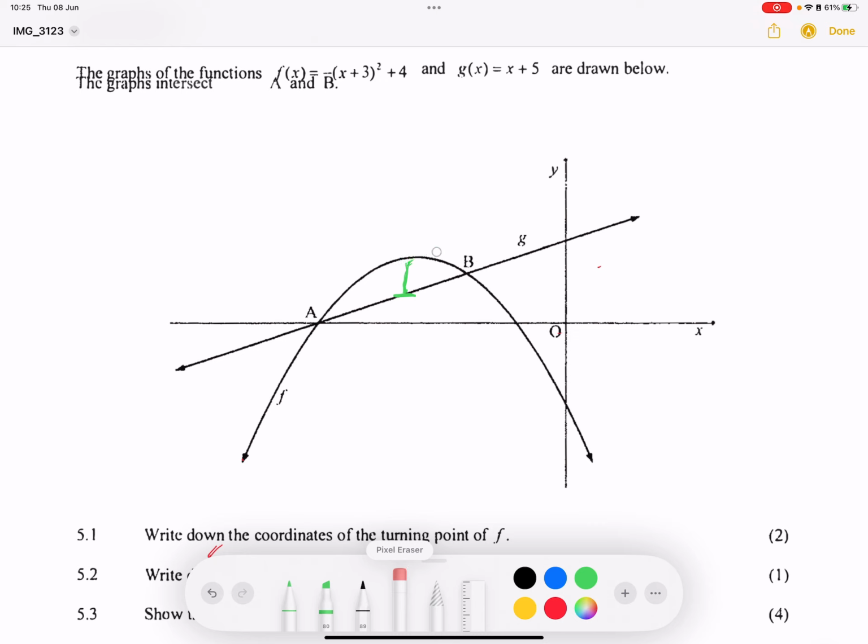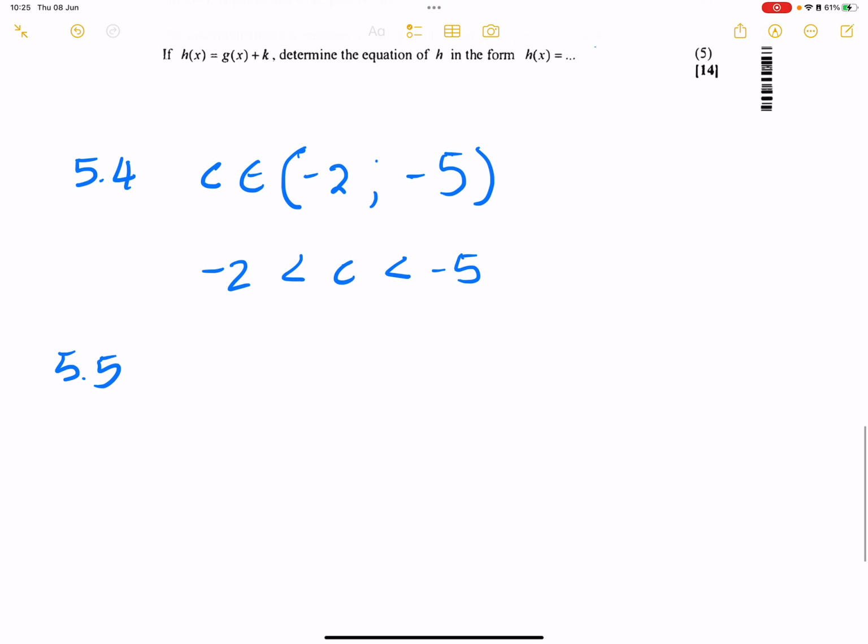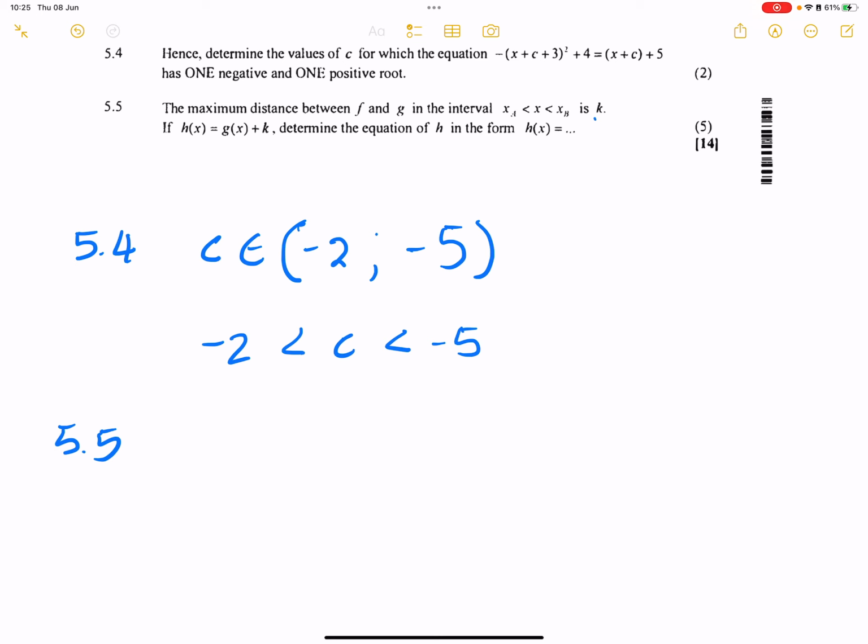So the y value of the parabola minus the y value of our straight line, and then we'll try to maximize. So the distance in terms of x will be equal to the parabola, f of x minus g of x.